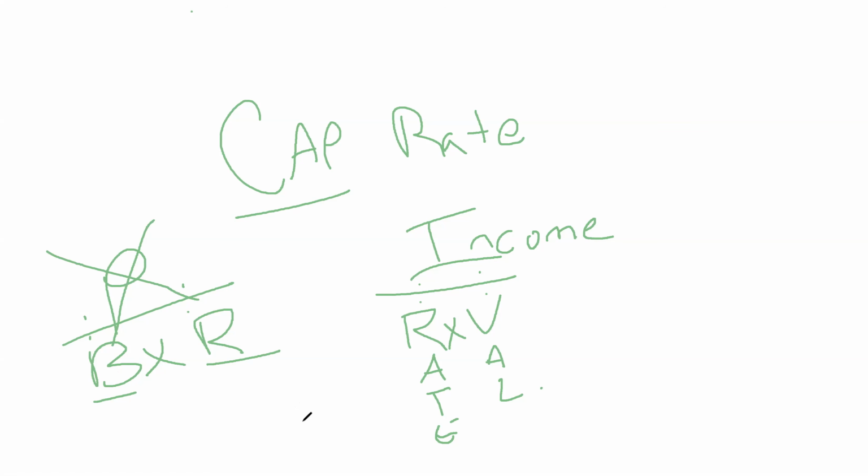The only time you multiply in an Irv situation is when you have the rate multiplied by the value. So those are the only two times you multiply: when you have a base and a rate, or a rate and a value. And the rate is usually the percentage, okay?